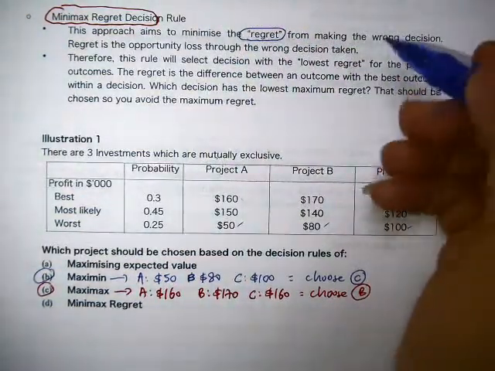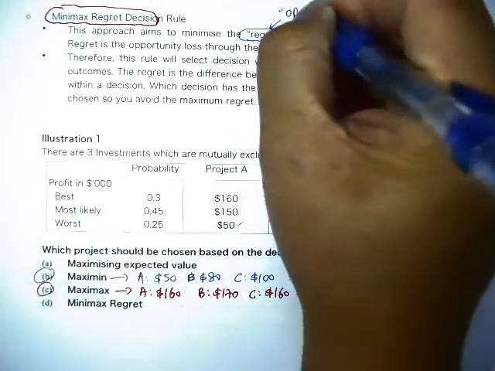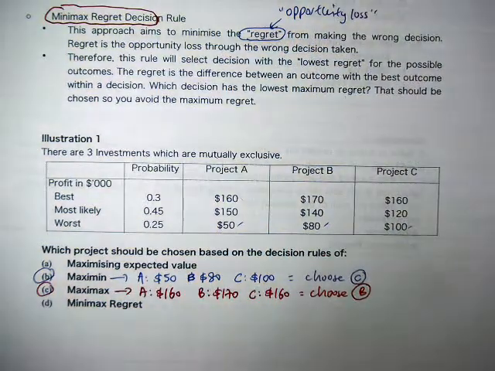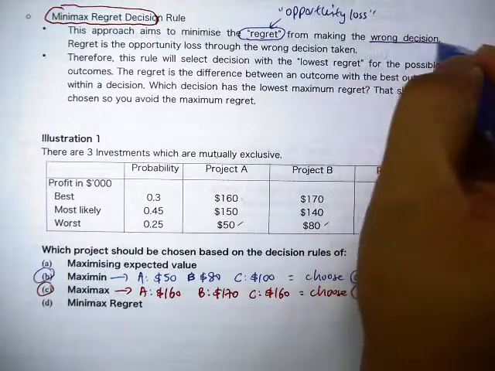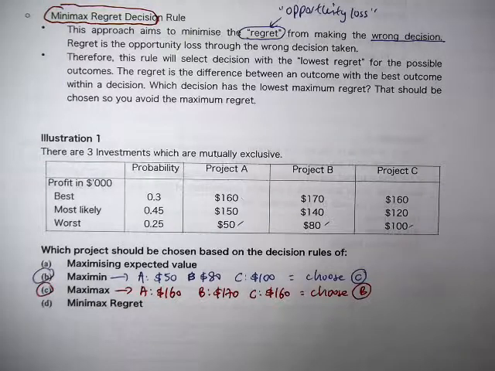Now regret is actually, you can say, your opportunity loss. You make regret when you make wrong decision. Okay, so regret is the opportunity loss. So regret is when you make wrong decision.